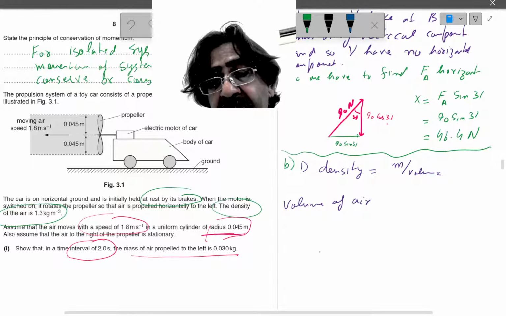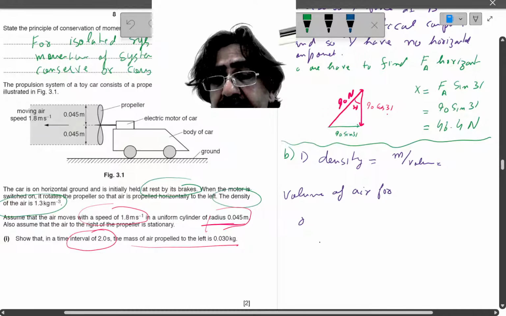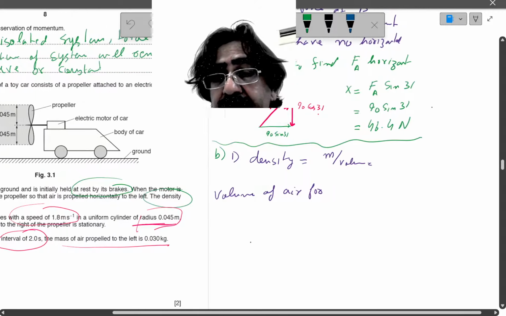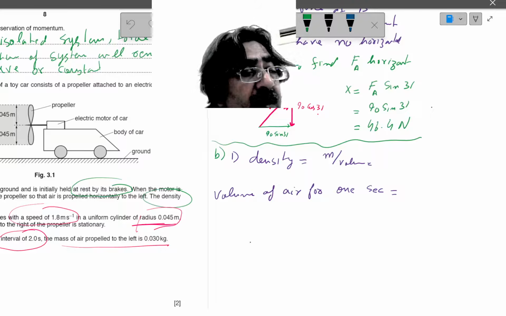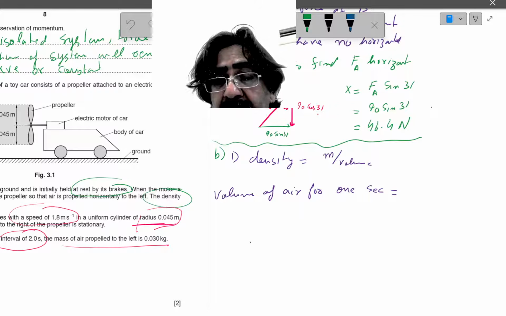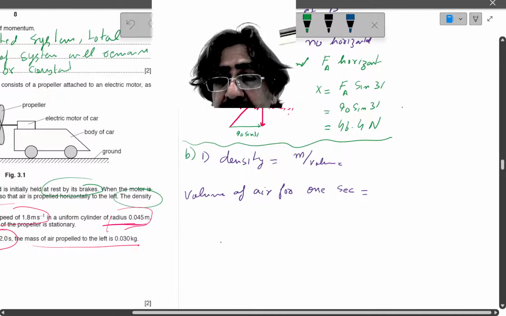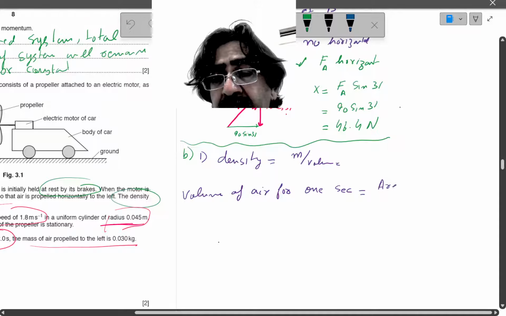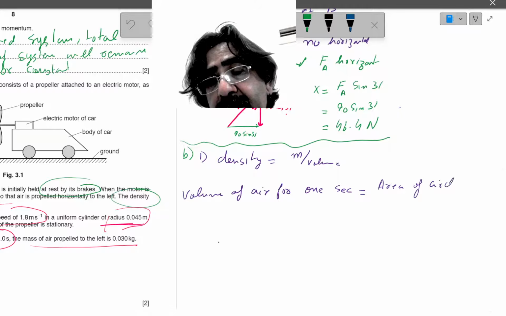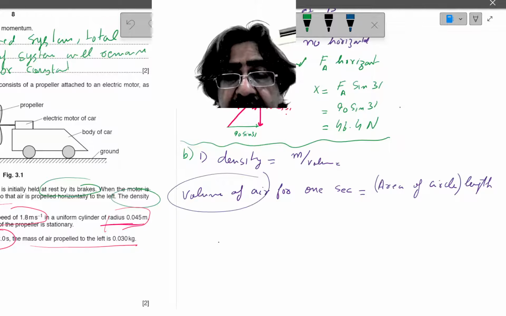So the volume of air for 1 second is that of the cylinder: area of circle multiplied by length.